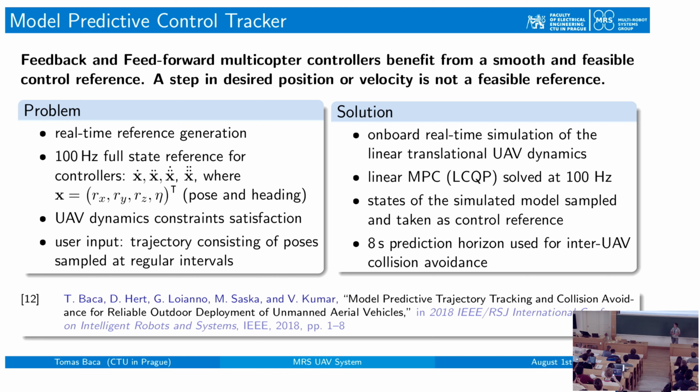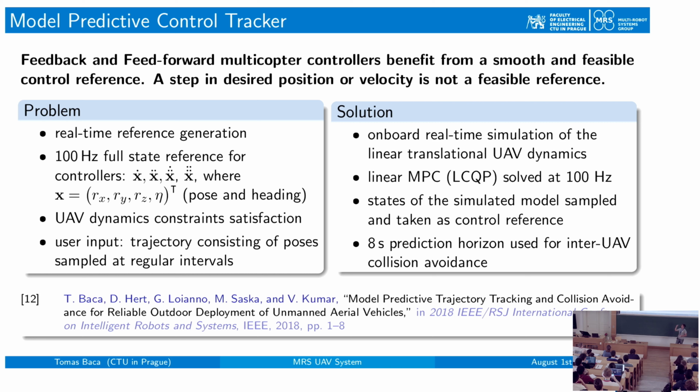And this tracker, another publication of ours, is able to smoothly track trajectories from users. So if you decide to use the system, you can publish a trajectory into this tracker, and the tracker will follow it smoothly and nicely. And if the trajectory is infeasible and wrong, it will save the drone from crashing, even though you might actually want some infeasible maneuver.